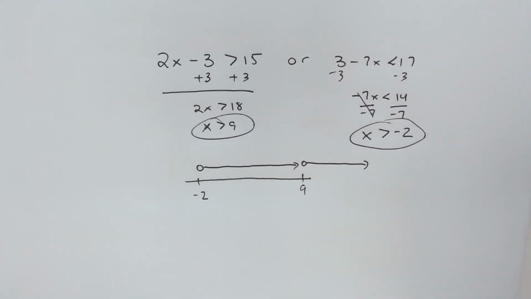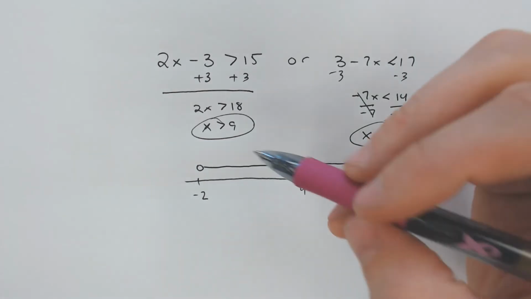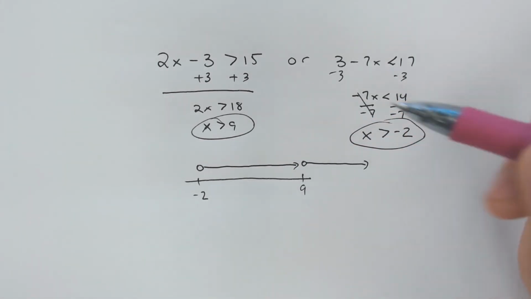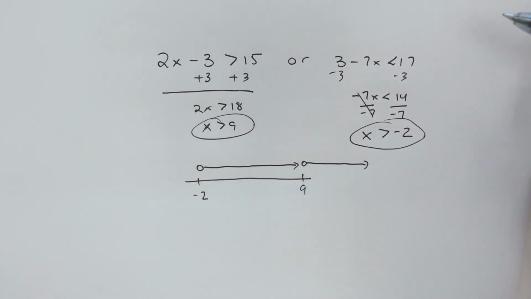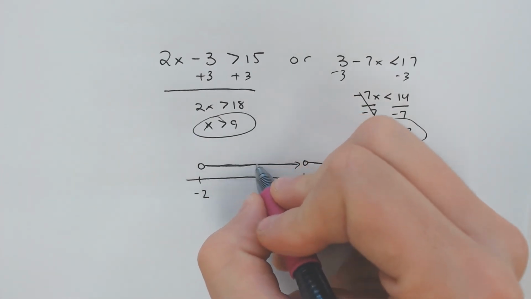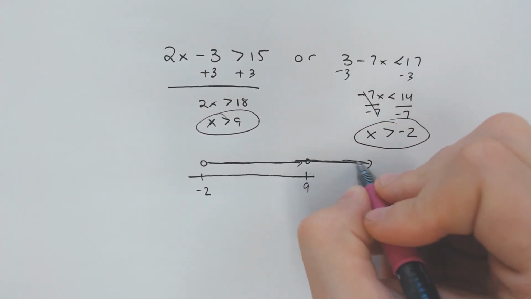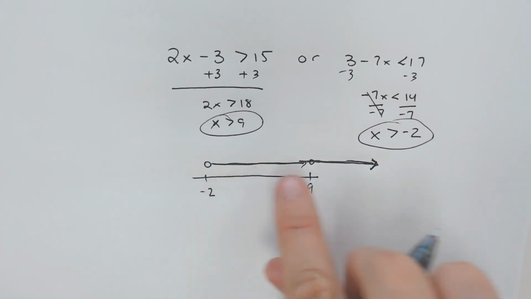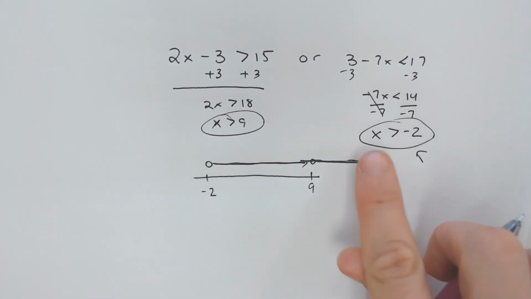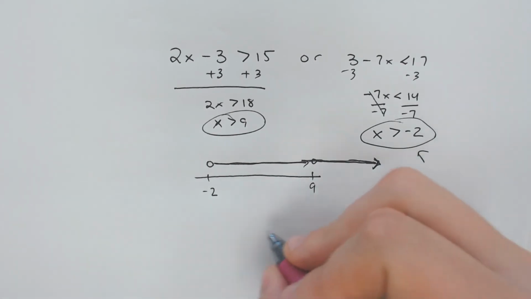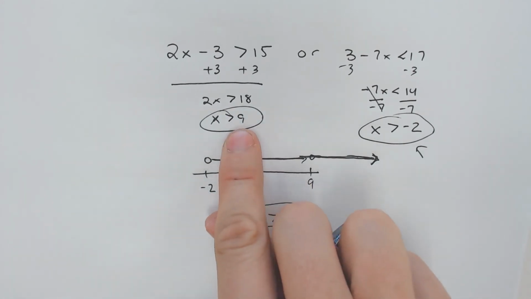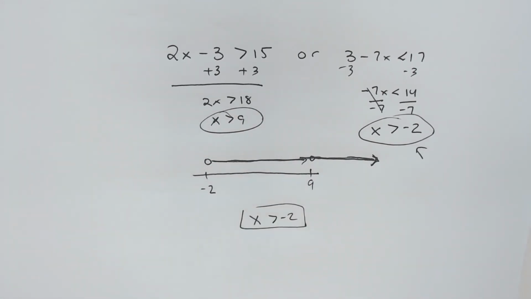If it says or, that means that it could be greater than negative 2, or it could be greater than 9. It's one or the other, which means as long as it's one or the other, this negative 2 answer kind of gobbles up the 9. It's gobbling it. And we get the answer officially as x is greater than negative 2. That would be the actual answer because this answer encompasses and includes the other one.